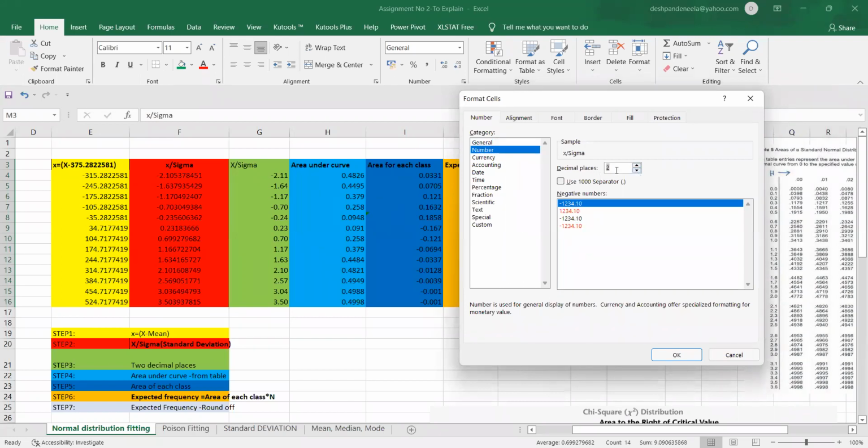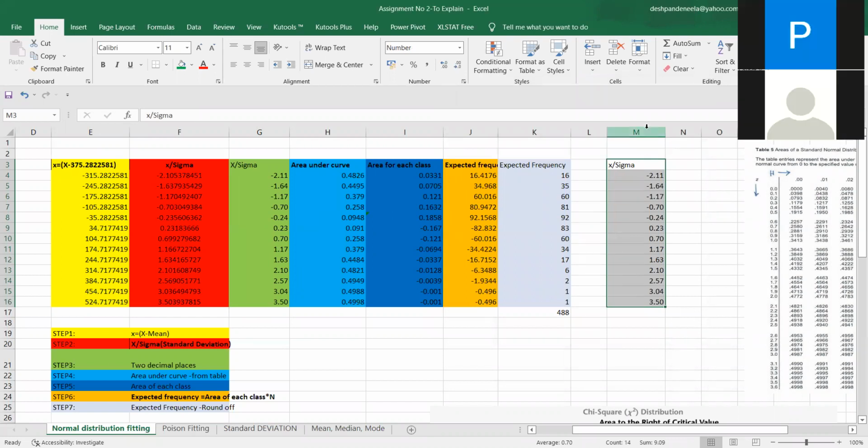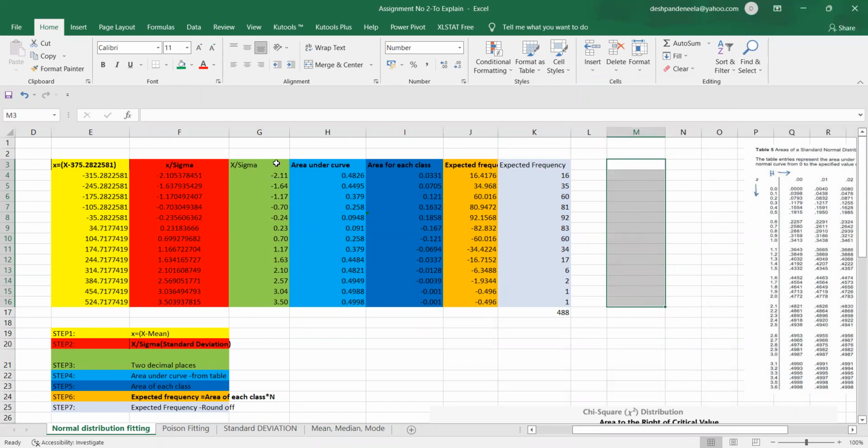Right now I wanted to restrict it to 2 decimal places. So just type 2 and say OK. Now this is what I get, only 2 decimal places. This column G I will remove. This column G is nothing but the same column as F, only it has 2 decimal places.